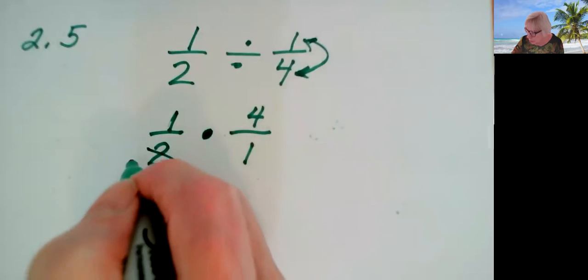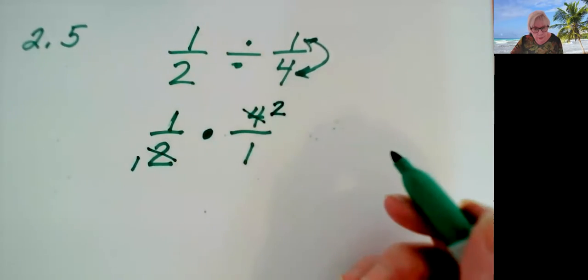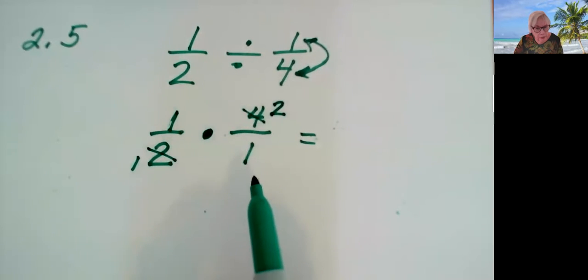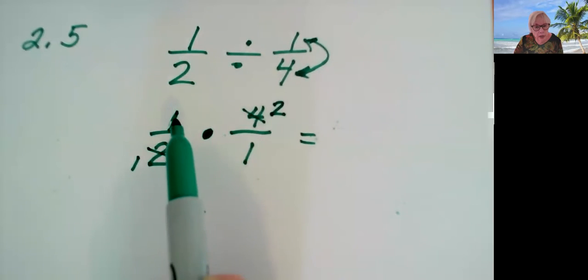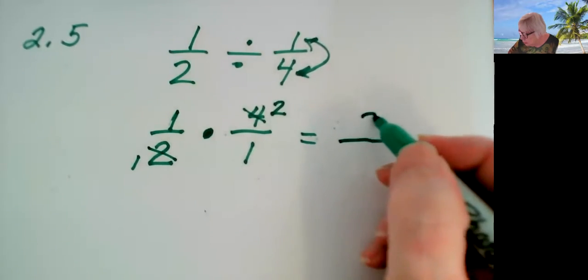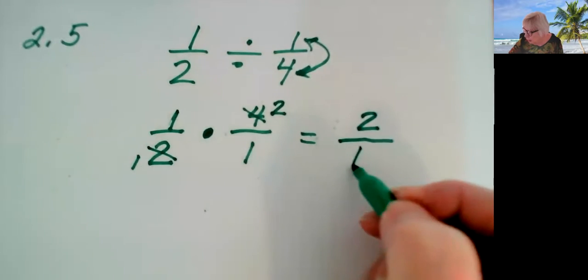2 divides into 2 once. 2 divides into 4 twice. So when there's nothing more to do, which there isn't, we then multiply across. 1 times 2 goes here in the numerator, and 1 times 1 is 1.